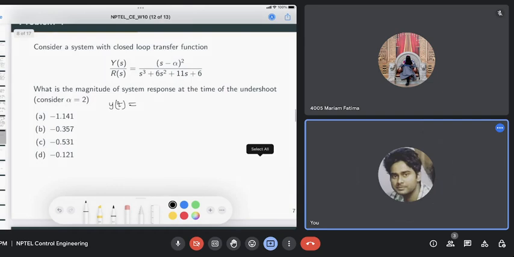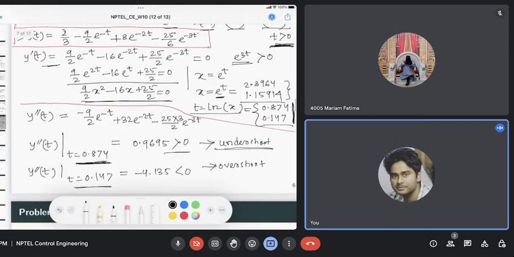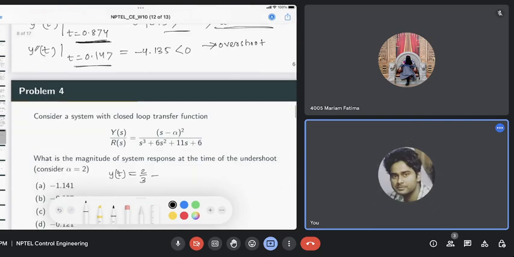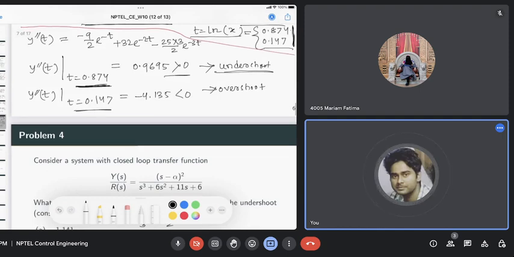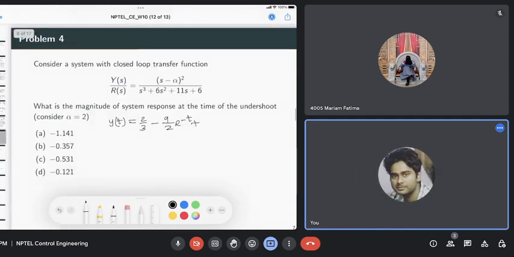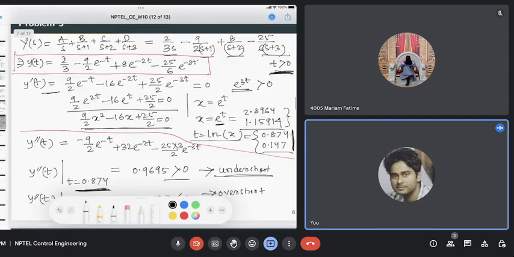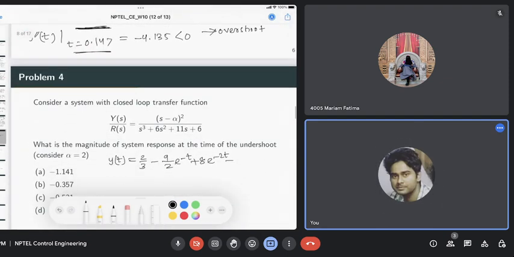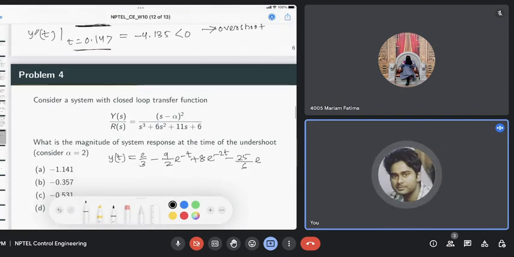So this is 2/3 minus 9/2 e^(-t) plus 8 e^(-2t) minus 25/6 e^(-3t), right? So as you can see, this is the response.